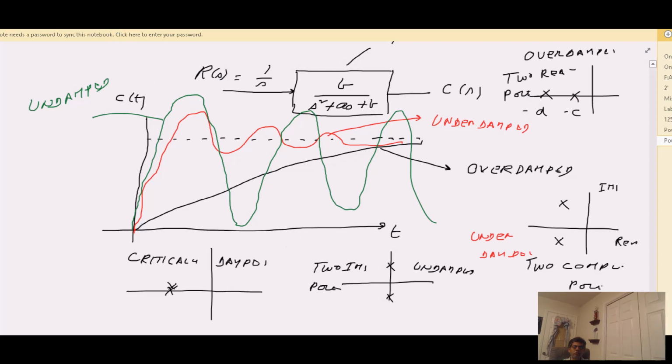Maybe blue. So you will see that the rise time is pretty good. It just goes, maybe takes a hump over here and then comes right there. This blue one that you're looking at is called critically damped.